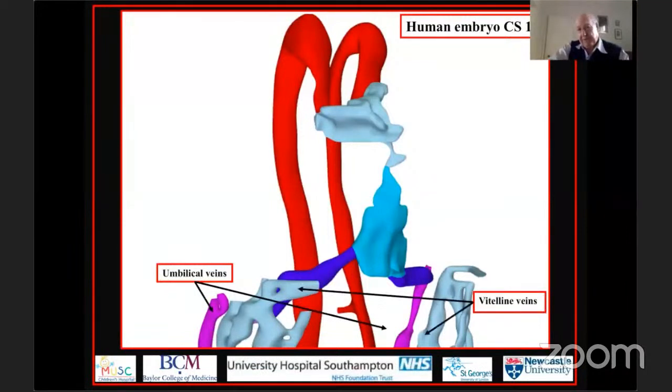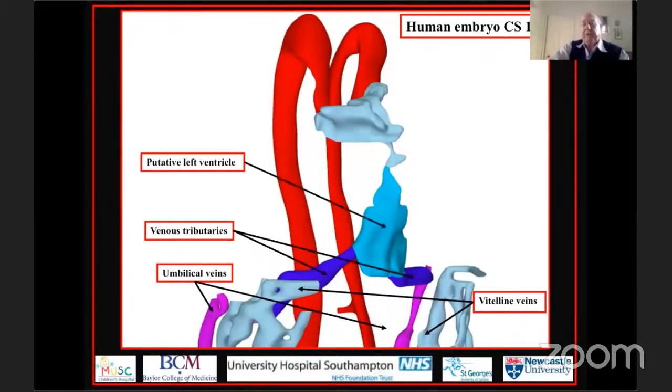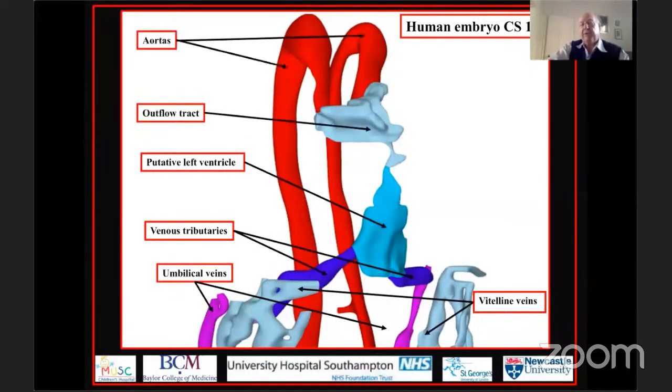We can also see a plexus of veins that lies on that endodermal layer, the yolk sac. And they come together to form the venous tributaries. And at this stage, the venous tributaries lead directly into what eventually will become the left ventricle, which gives rise to the outflow tract and supports the bilaterally symmetrical aortas.